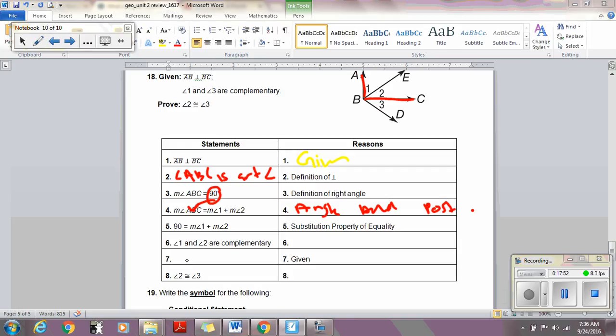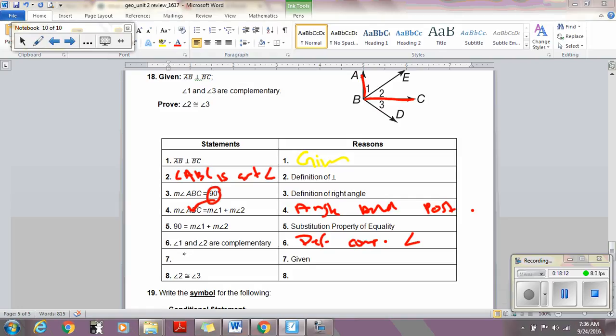Then it tells us that angle 1 and angle 2 are complementary. Well, that's the definition of complementary, when two angles add up to 90. Statement 7, they want us to use the other given information.